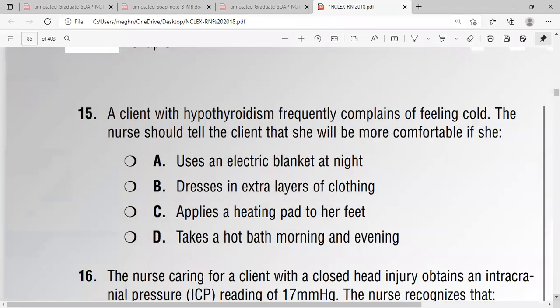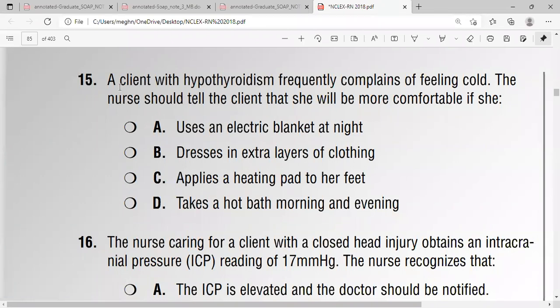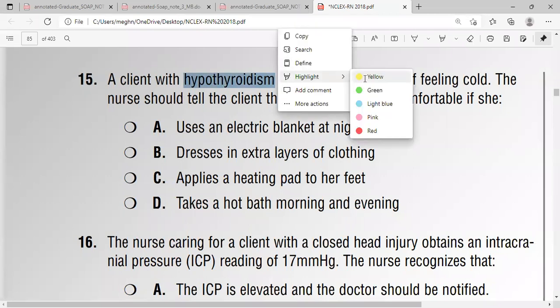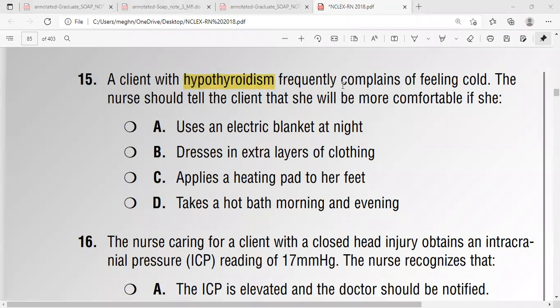Next question here. A client with hypothyroidism, so this is a keyword, frequently complains of feeling cold. The nurse should tell the client that she will be more comfortable if she, number A, uses an electric blanket at night.